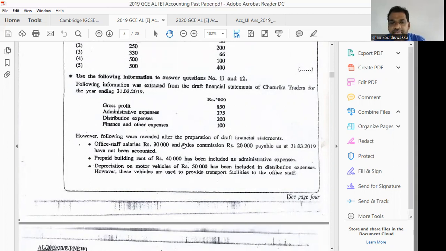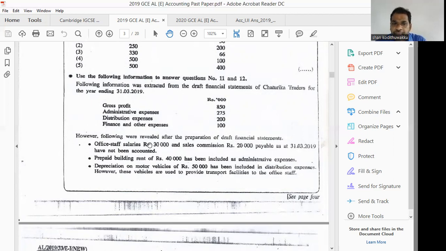Office staff salaries 30 and sales commission 20, payable as at 31st March 2019, have not been accounted. Have not been accounted means the business has not yet recorded this adjustment in the accounts. Office staff salaries 30,000 and sales commission 20,000 payable at the end of the current year have not been recorded.